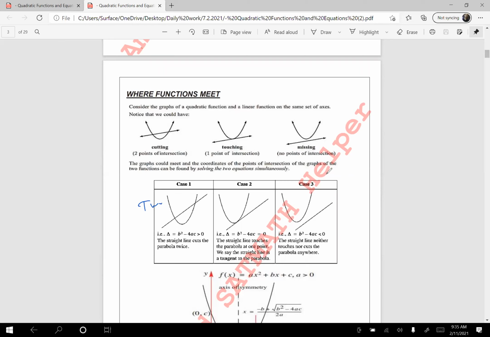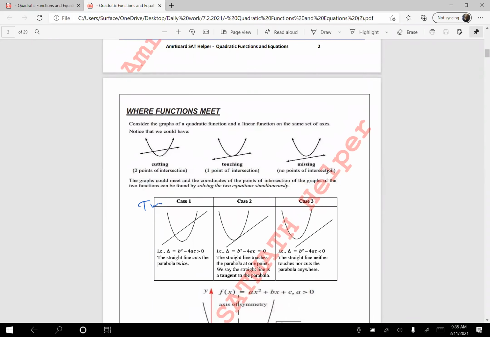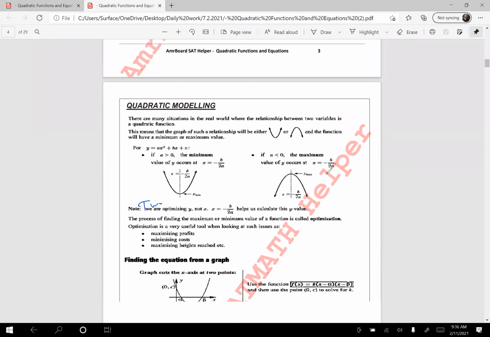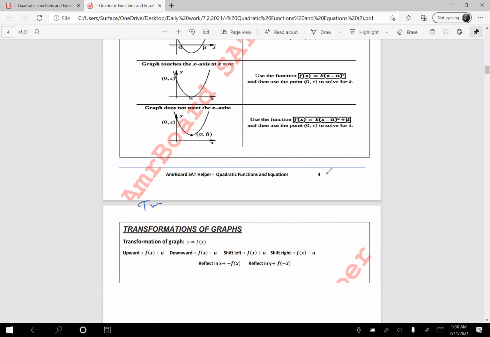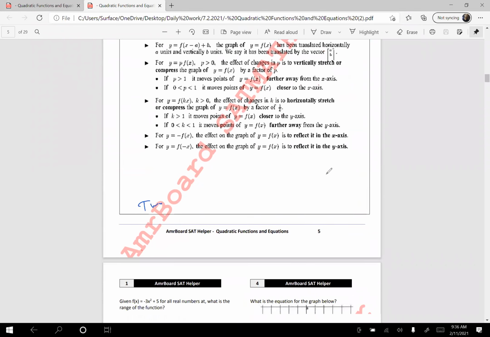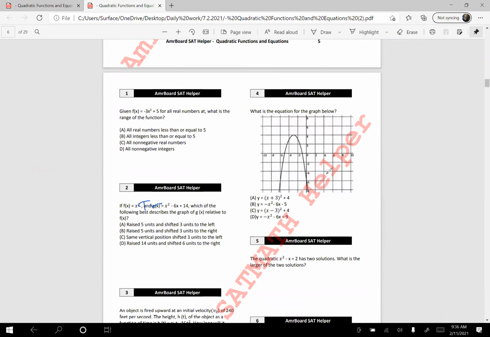If the line cuts the quadratic at 2 points, then there are 2 solutions. If the line touches the parabola, then 1 solution. If there is no intersection between them, like this one, then there are no solutions. Okay? And these are the 3 cases. All of this is the explanation of the different forms of the quadratic.